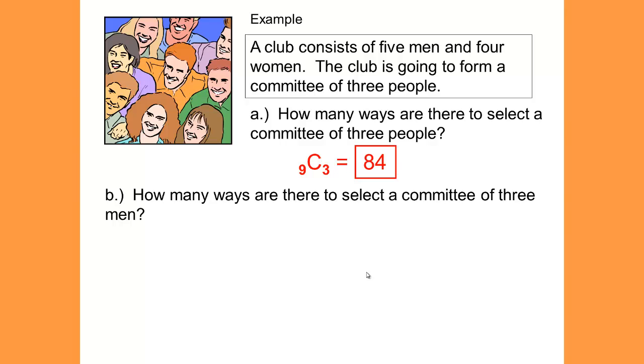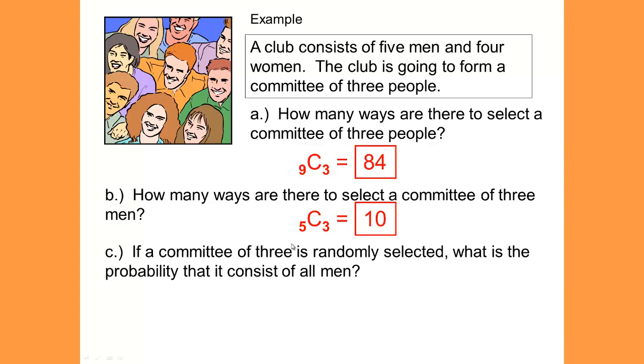The issue is, instead of choosing from all 9 people, we can only choose from the men, so that would be 5 combinations of choosing 3. So select 3 from the 5. That's 5 combination 3, and that would give us 10. This would be 10 committees made up of the 3 men selected from the 5 men.